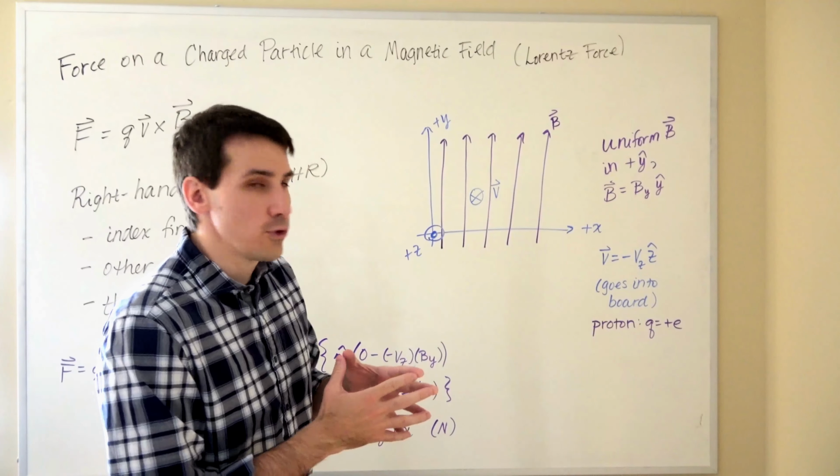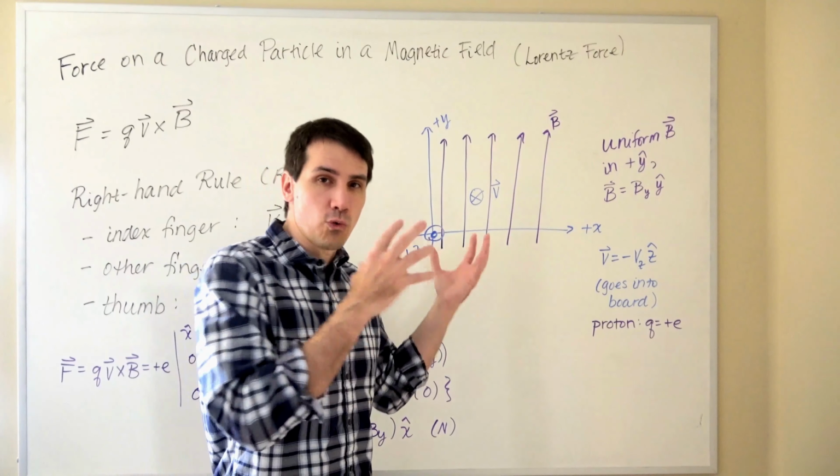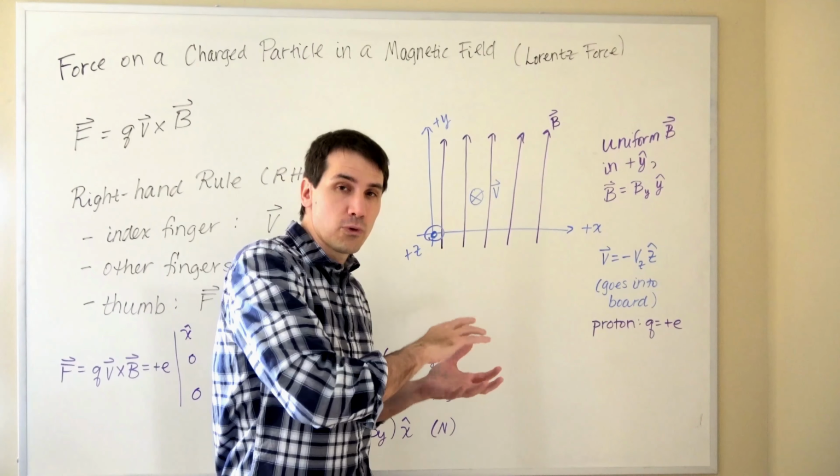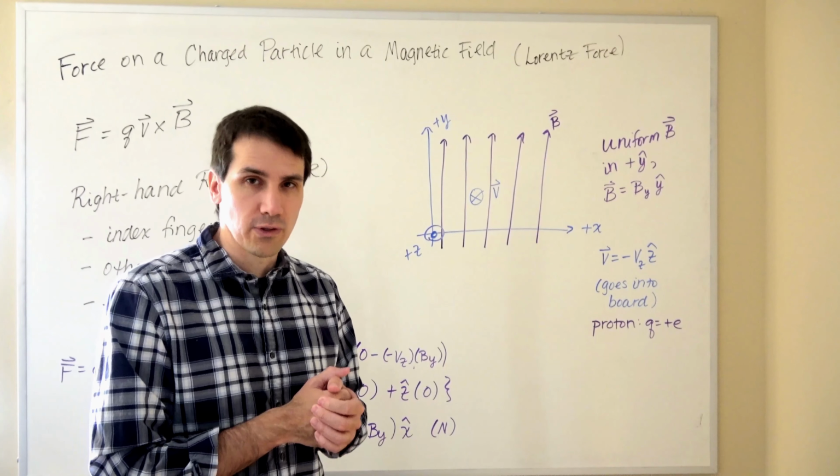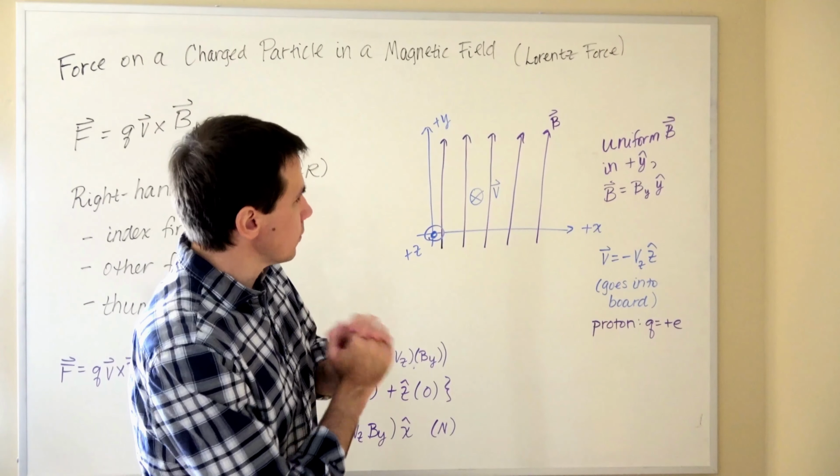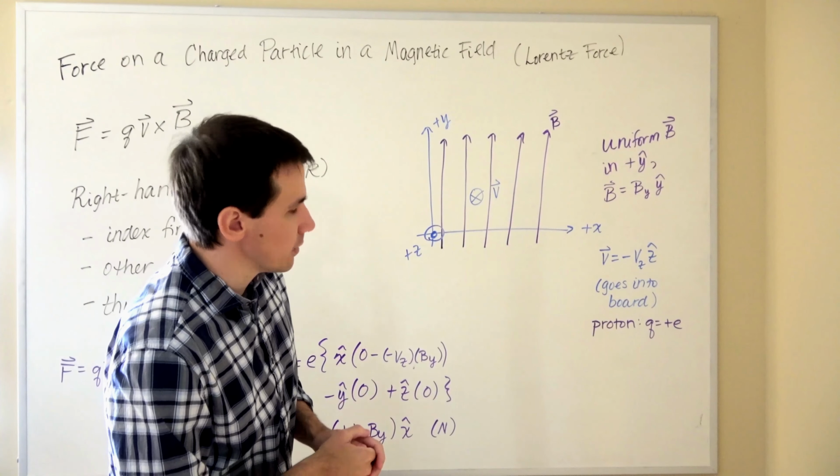Our goal should be to simply find the equation for this force on the particle and the direction of that force. We'll begin by simply using the right-hand rule, and then we will find this force using the actual mathematical form of the cross product. Okay, so let's begin with the right-hand rule. So our index finger is going to point in the direction of the velocity into the board.